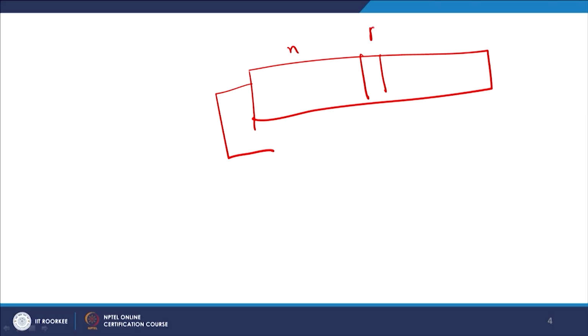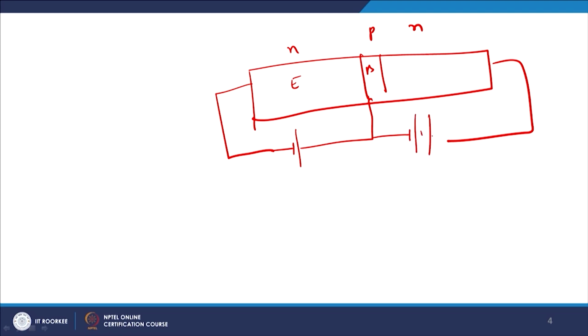So if I have an NPN, the emitter base junction will be forward biased, and this will be reverse biased, and it looks like this. So this is the common base, CB, configuration.